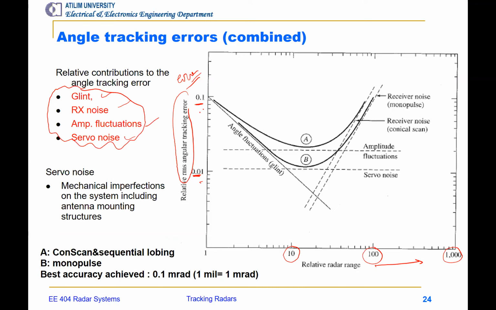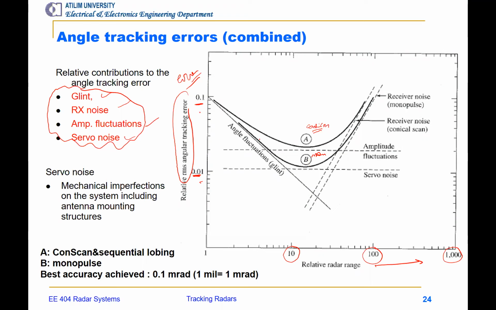Now, here we have two curves, A and B. A is conical scan and sequential lobing. B is monopulse. We would like to get a small error, which means that monopulse is quite good compared with the conical scan and sequential lobing.